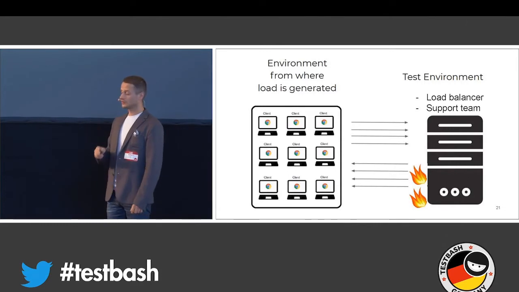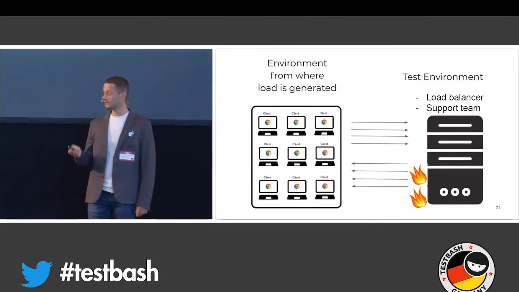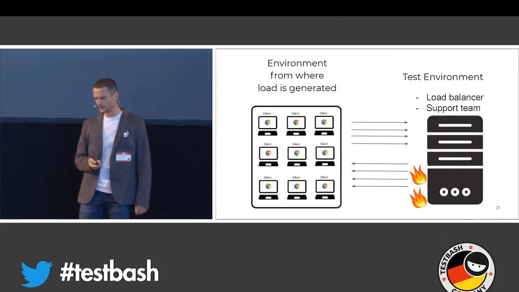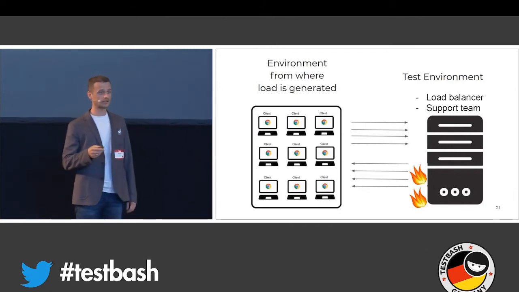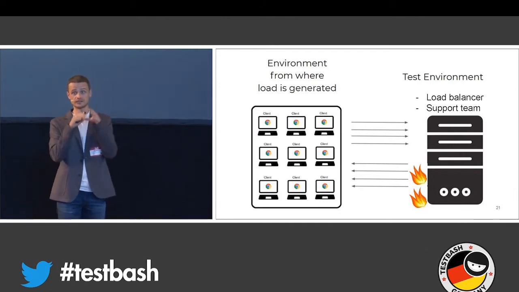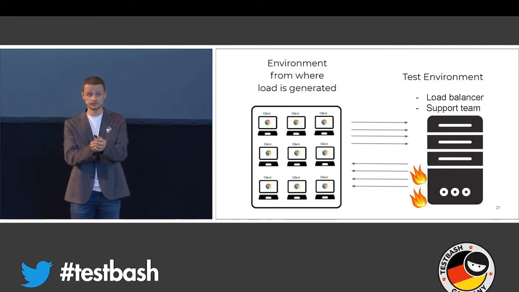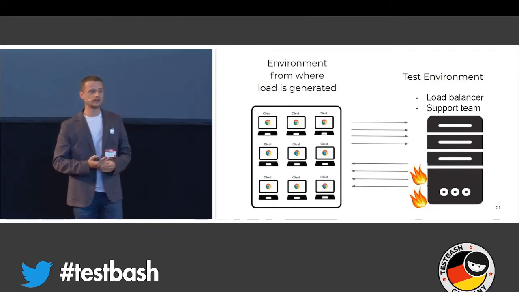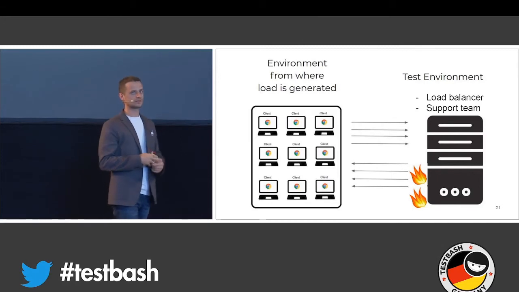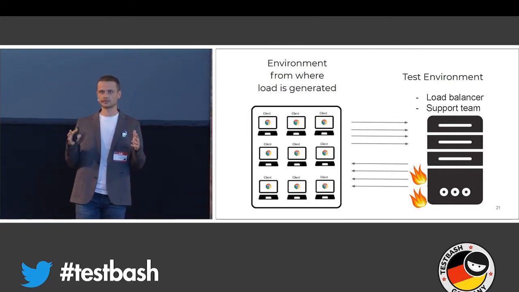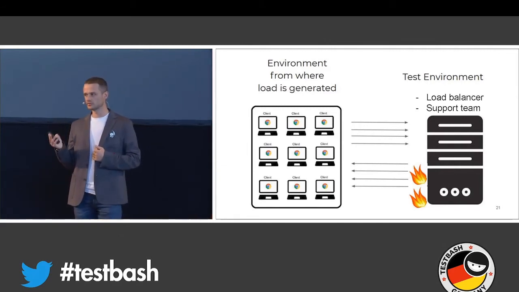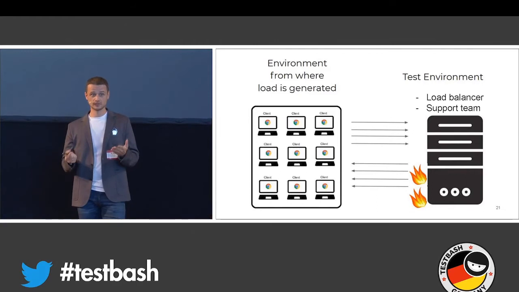To check the configuration of the environment from where you will generate a load, I would suggest actually to check that the PC that will generate the load is powerful enough to generate that load. I know in JMeter, at least for some standard PC with 4 gigabytes of RAM and 2 gigahertz of 2 CPU cores, JMeter can do 2.5 threads per one PC.